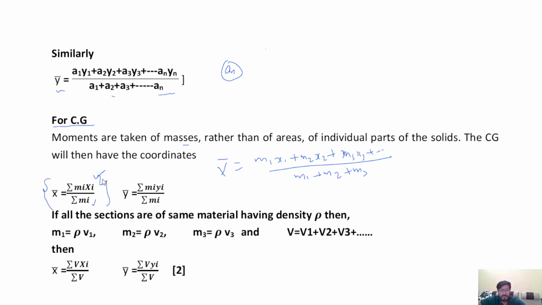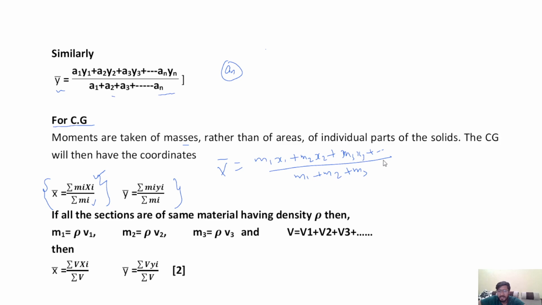If we calculate the center of gravity CG, where m is the mass of the body, mi is the mass of the ith body or ith part. In a similar way, y bar is equal to summation of mi yi divided by summation of mi.